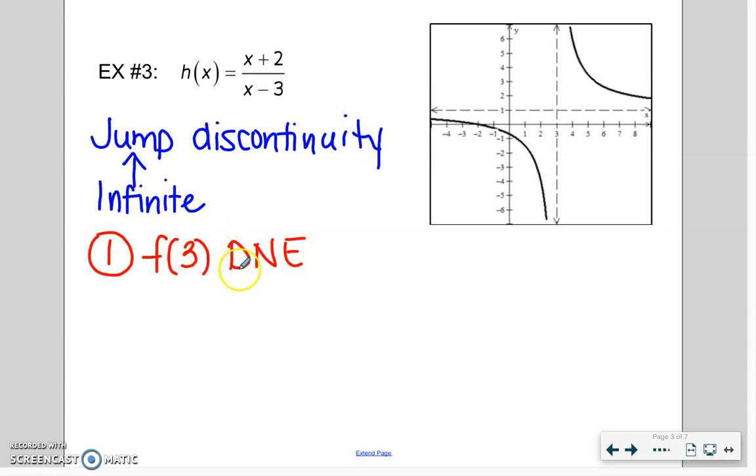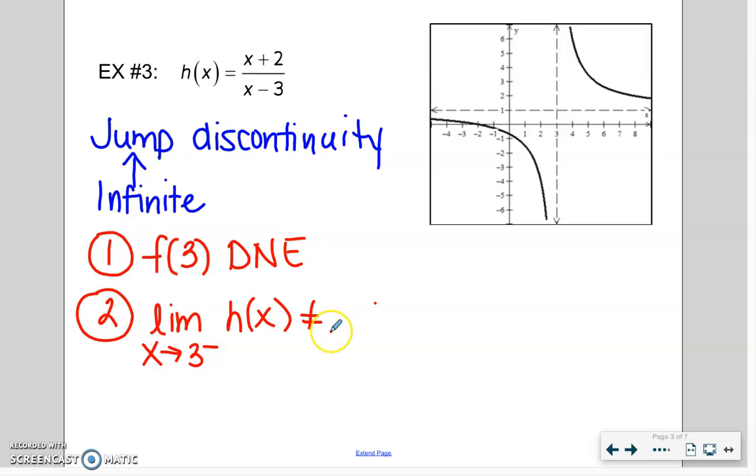So f(3) does not exist, DNE. Or we could do that same explanation as before, and say that the left-hand limit and the right-hand limit are not equal to each other. So I'm going to say the limit as we're approaching 3 from the left of h(x) is not equal to the limit as we approach 3 from the right.